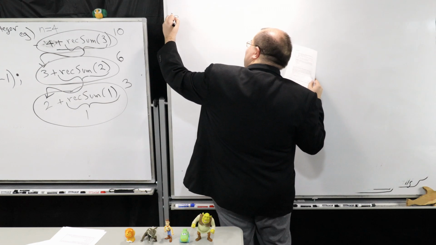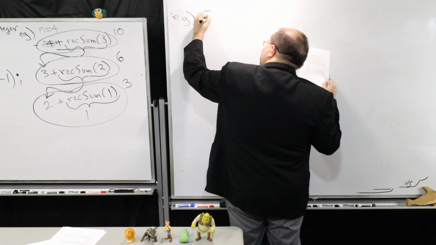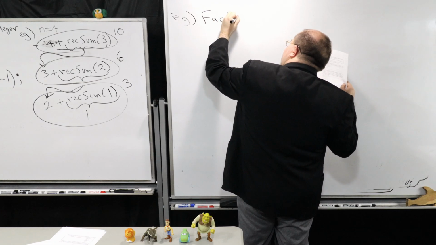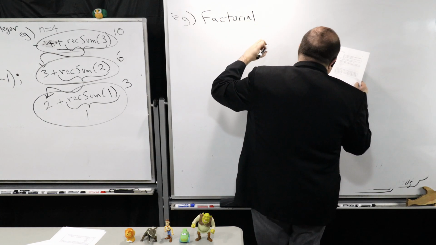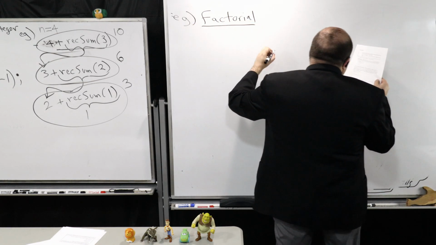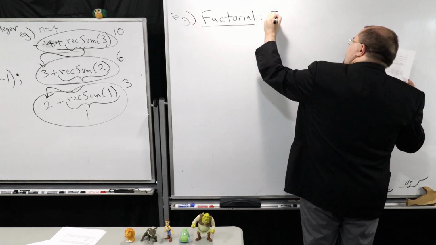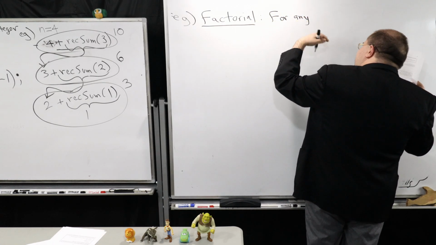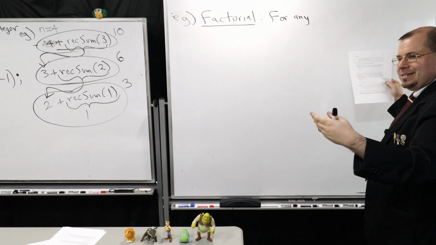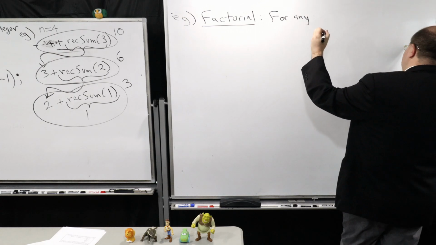Here's another example. We're going to check out factorial now. You may have heard of factorial before. I'm going to define it this way for the sake of simplicity, but there are other definitions out there.